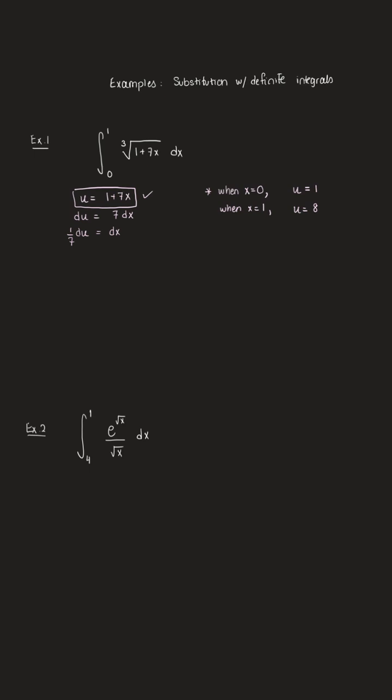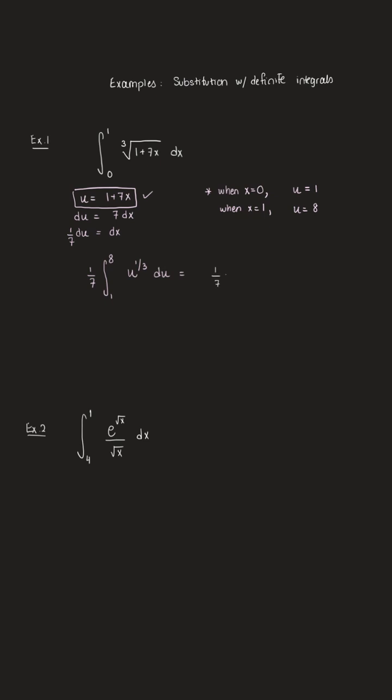Okay, so now we're ready to set up our u integral. So we have the integral from u equals 1 to u equals 8. I have a 1/7 on the outside, and we have u to the 1/3 power du. And I'm going to take the antiderivative of u to the 1/3.